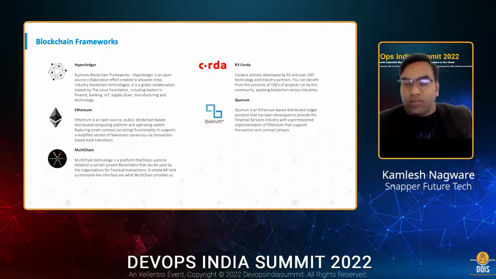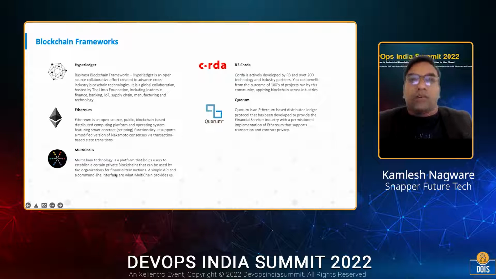Even Node.js is one of the open source projects by the Linux Foundation, as are the Cloud Native Computing Foundation, the security foundation, and the healthcare foundation, and Hyperledger is one of them. Ethereum is a public blockchain and a platform and open source code to build applications using the Ethereum source code. Then multi-chain.